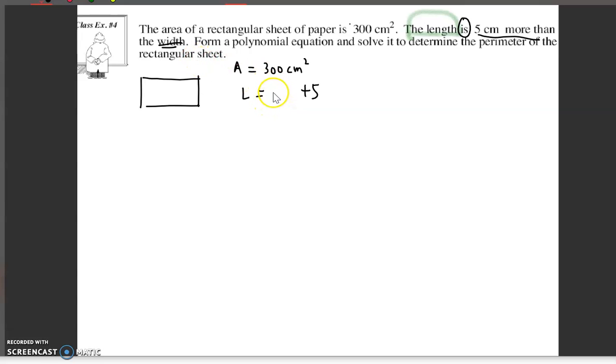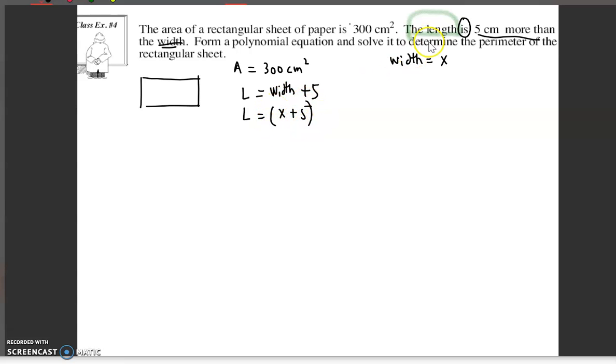So if I knew my width, I would know that my length is 5 more than that. So the unknown variable that I should find out is my width, which should be my x, which means my length would be x plus 5. 5 more than the x.